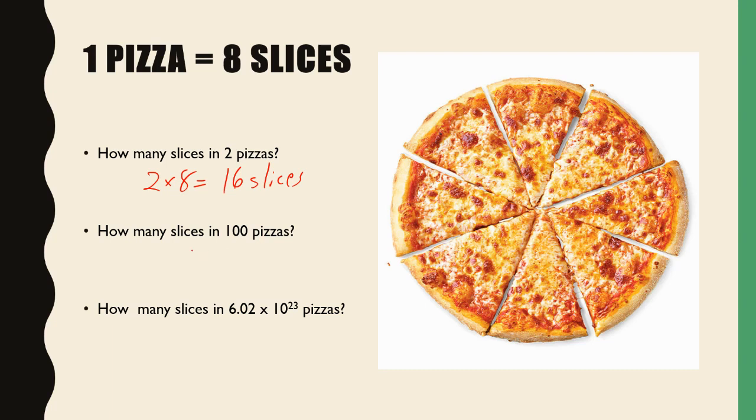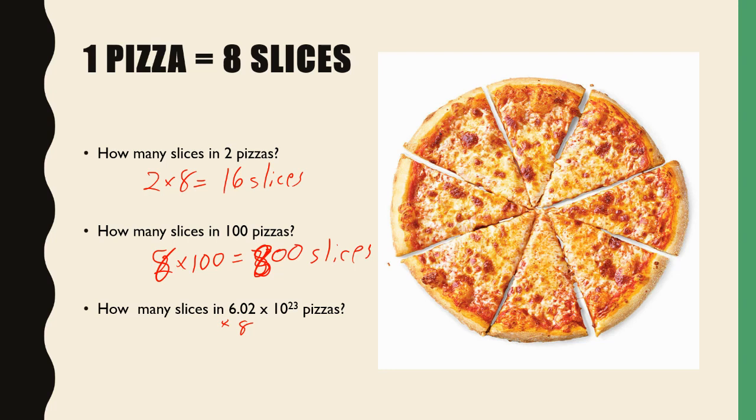There's less pizza than there is slices. And then in 100 pizzas, you'd have, right, 200 slices. Oops, that's not true. 8 times, you'd have 800 slices. There we go. And then, right, in 6.02 times 10 to the 23rd pizzas, you'd have 6.02 times 8 times 10 to the 23rd, right?